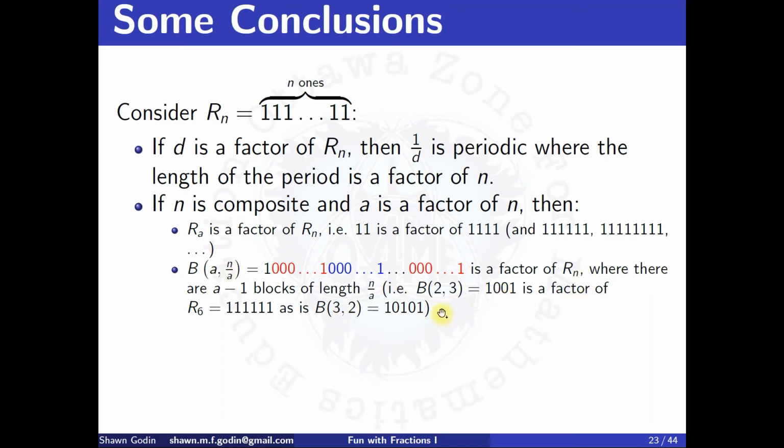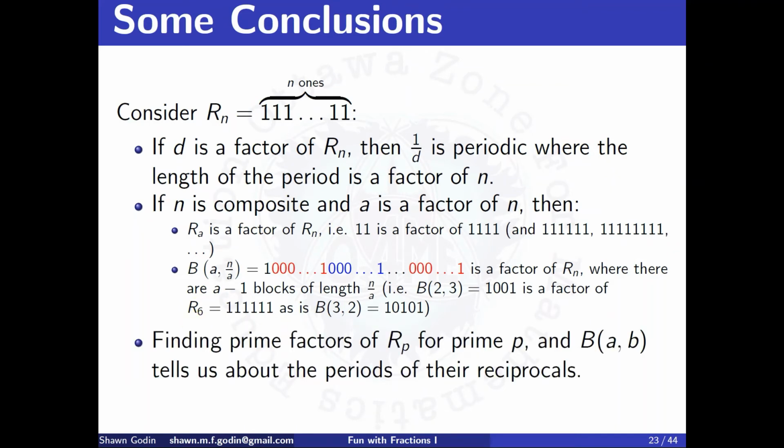So in other words, B23 and B32 are both factors of R6. So if we find prime factors of Rp for prime values, and we find prime factors of these block type numbers, that will tell us about the periods of the reciprocals.